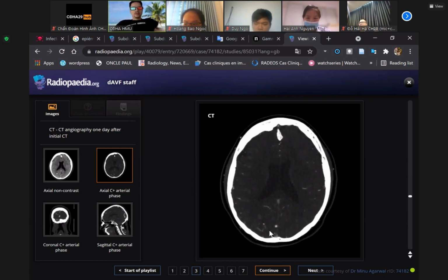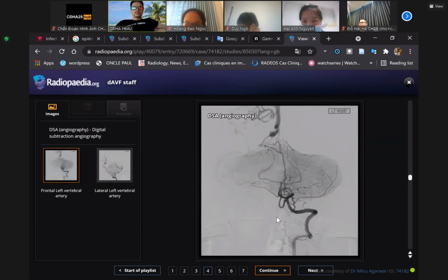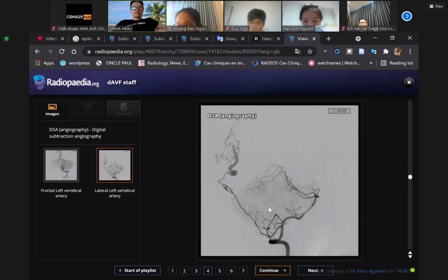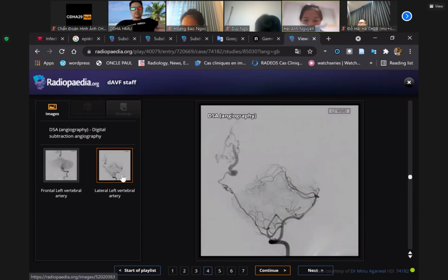Okay, now take a look at the DSA. On DSA we could see the reverse flow to the SS, coming back to the posterior part of the SS.